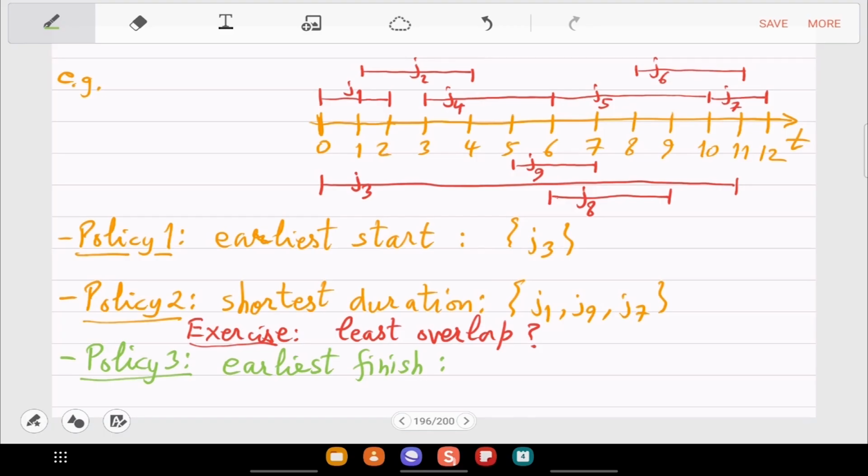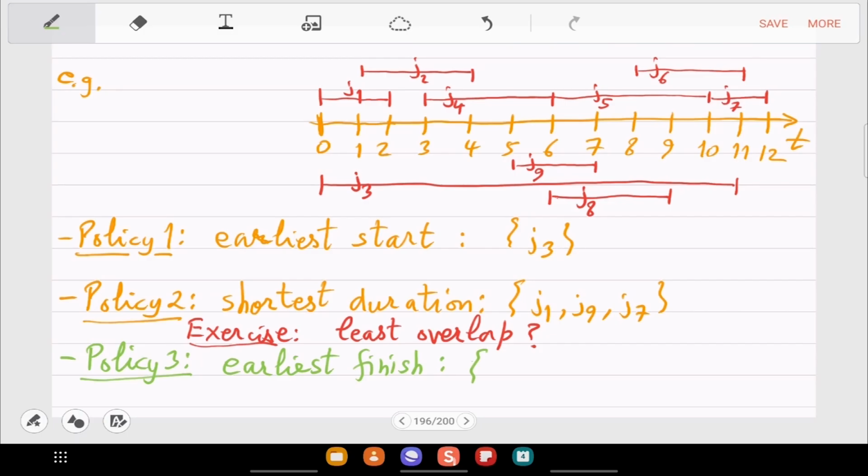Least overlap will also not work. So earliest finish is an interesting thing. You want to first pick the job which finishes the earliest, and after that you look at the remaining valid jobs and see what will finish earliest.